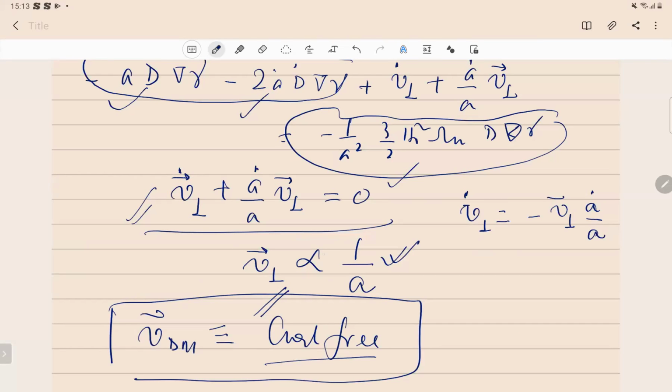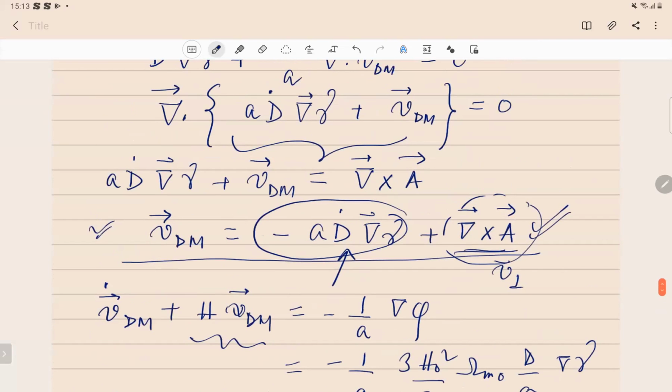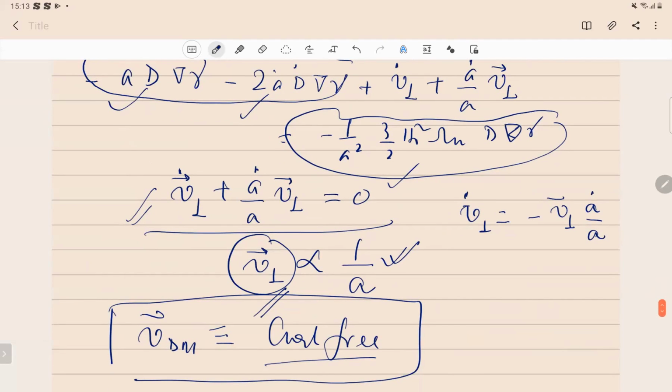The curl term is V perpendicular, the curl of A, which I'm calling V perpendicular, which is divergence free. And V perpendicular satisfies this equation, V perpendicular dot equals minus V perpendicular A dot by A.